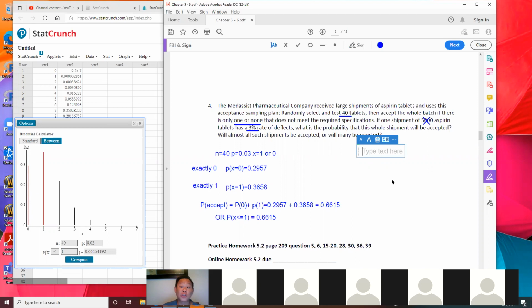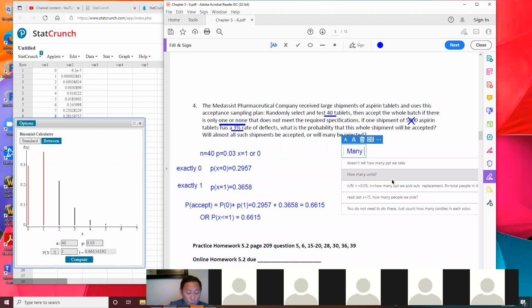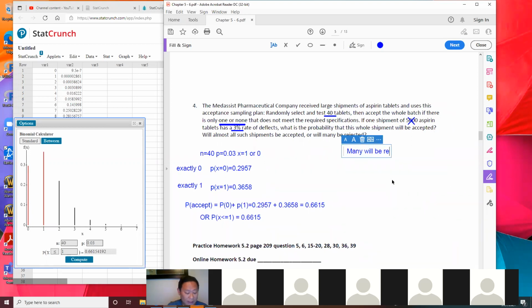The answer is many will be rejected in this case, because the probability of accept is only 0.6615, which is very low, less than 95%. Don't forget we use 5%, right? Anything below 5% is considered significantly low or high.